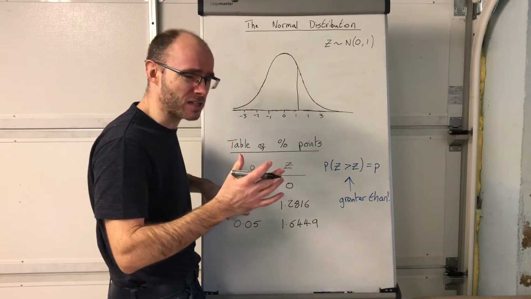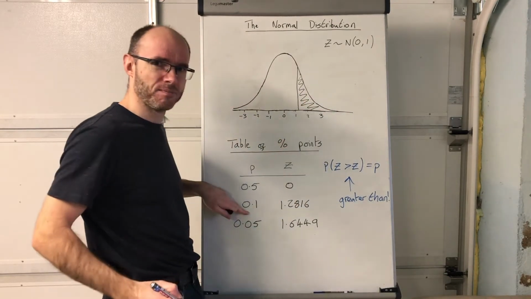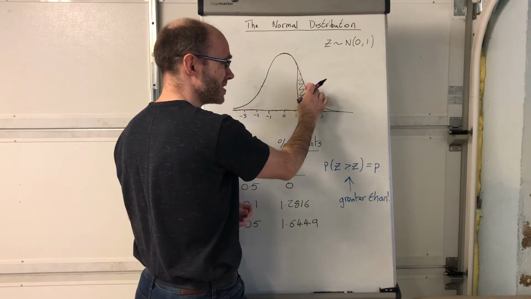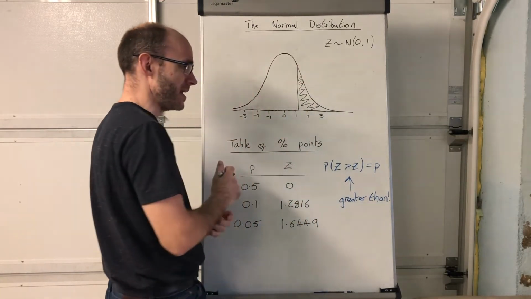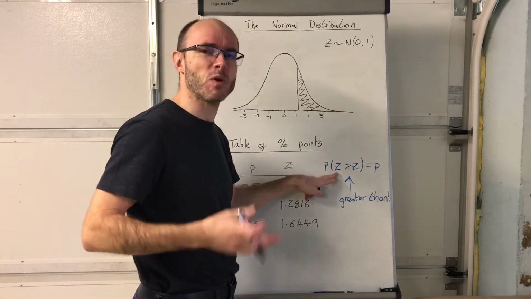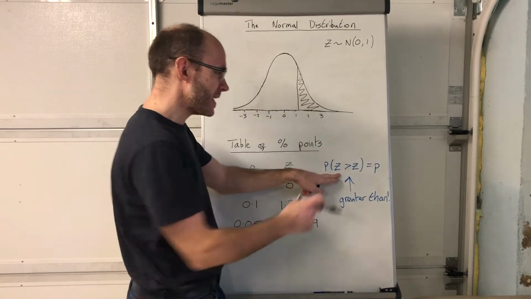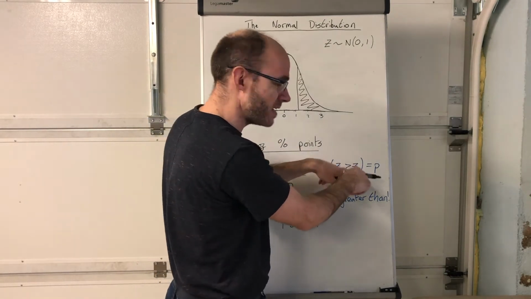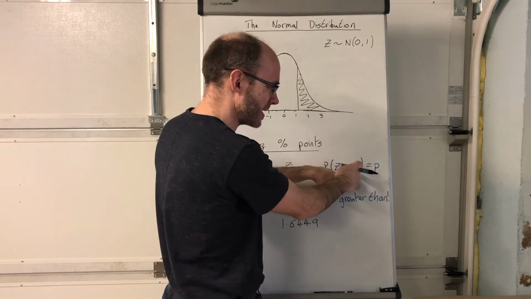Hopefully it's clear we're talking about this side of the line, because that is 0.5. And because this is a much smaller area, it can't possibly be to the left of that line. That's what the mathematical explanation at the top of the table was for. To read the table, look at the probability that capital Z is greater than a given value of little z.